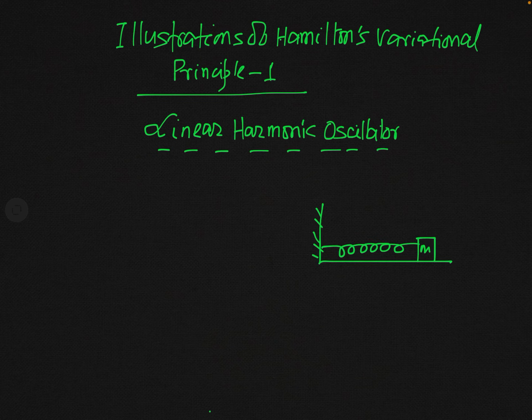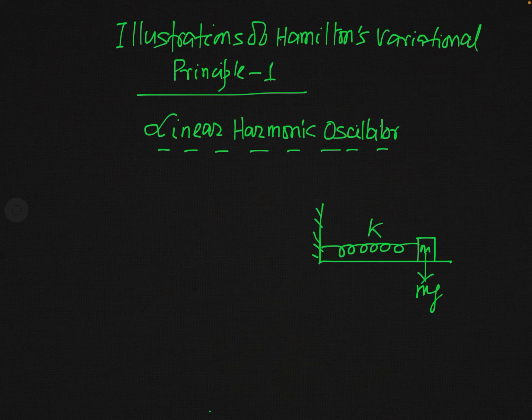I have considered a massless spring, say of spring constant K, whose one end is rigidly fixed to a wall, and a block of mass m is attached to its other end. When the spring is unstressed, this mass is in equilibrium, because two forces act on this mass.